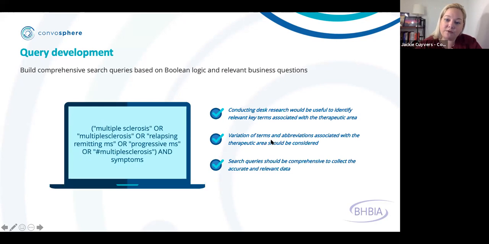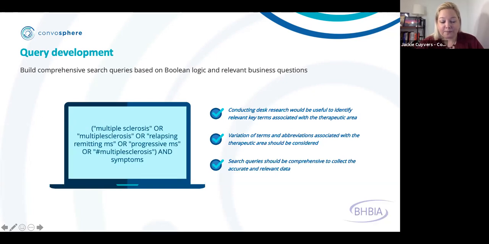And you often want to use variations of the term, so misspellings, abbreviations, hashtag versions, and really be as inclusive as possible in all of the different terms for the therapeutic area.